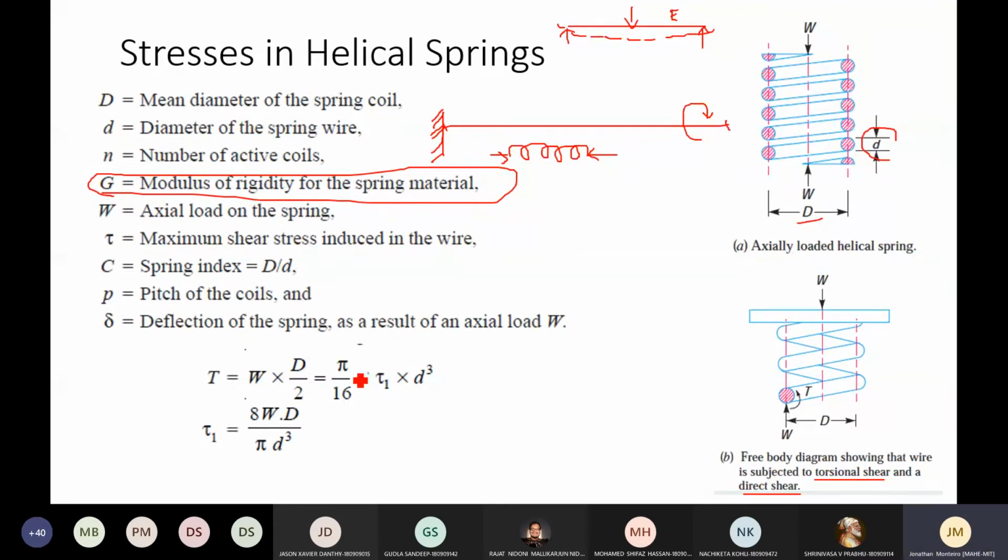And if you equate it to the elementary torsional equation, pi d cube by 16 into tau. So where did we get this equation from? You can think of what you did in shafts.